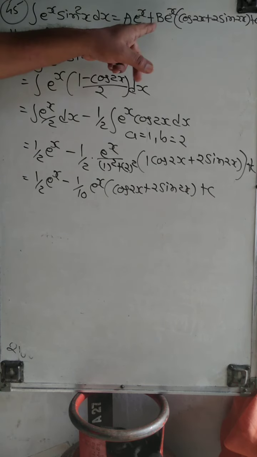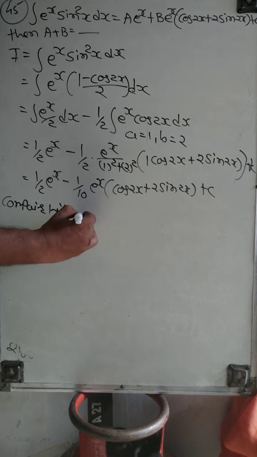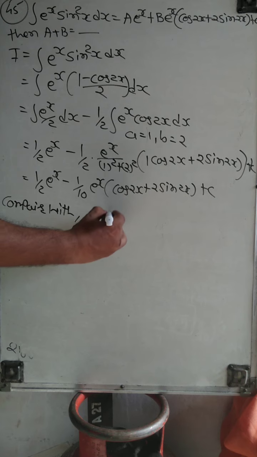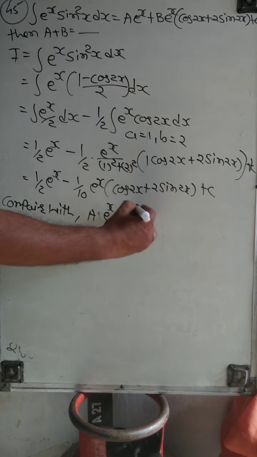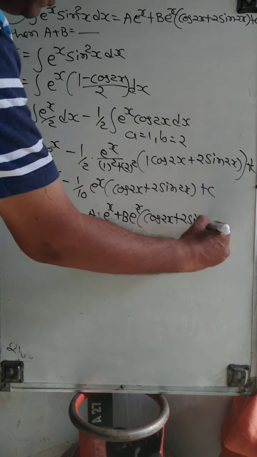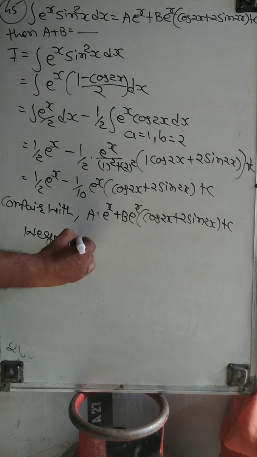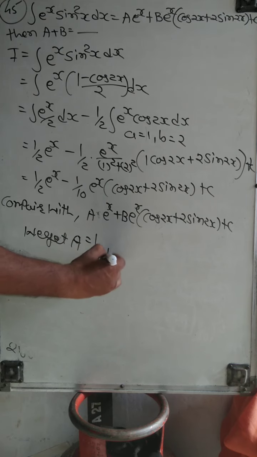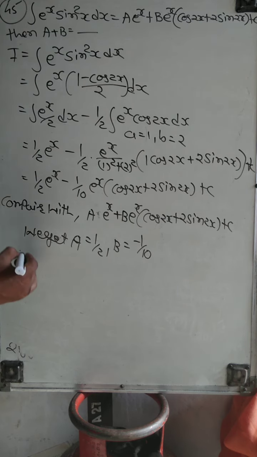Now when you compare with a e^x plus b e^x (cos 2x + 2 sin 2x), we get a equal to 1/2 and b equal to -1/10, and we want to find a plus b.